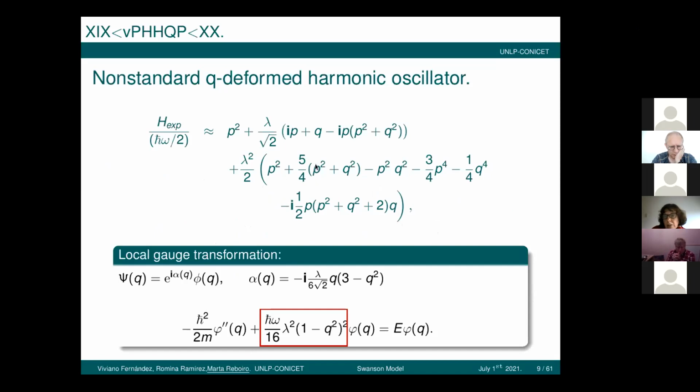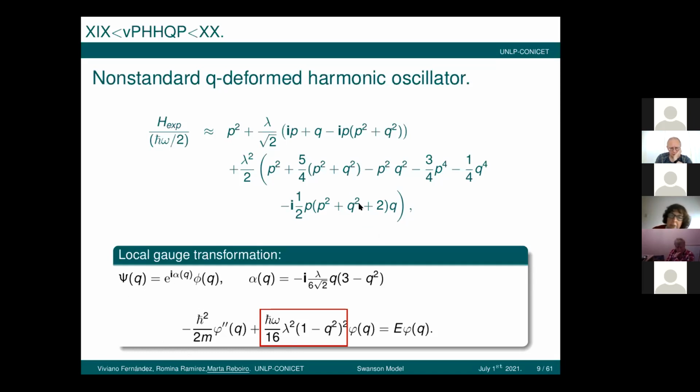Clearly, it is a non-Hermitian Hamiltonian, but we try to cast this Hamiltonian into a kinetic term plus a potential. And we succeeded in doing this through this local gauge transformation.